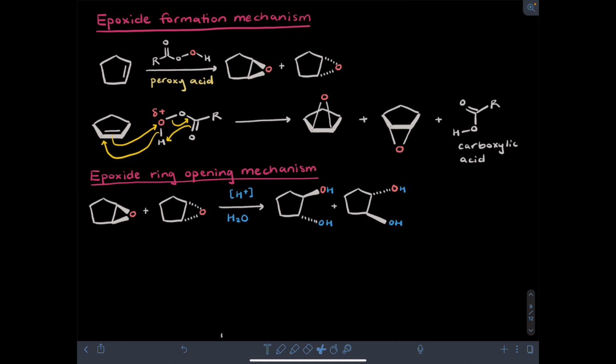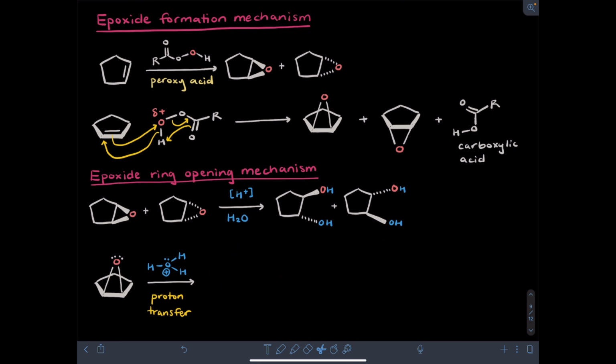Now let's consider the epoxide ring opening mechanism. Imagine treating the cyclic three-membered ring with an acid catalyst in water solvent. This will give the anti-addition to generate the OH substituted product. The first step of the mechanism involves protonation of the epoxide.